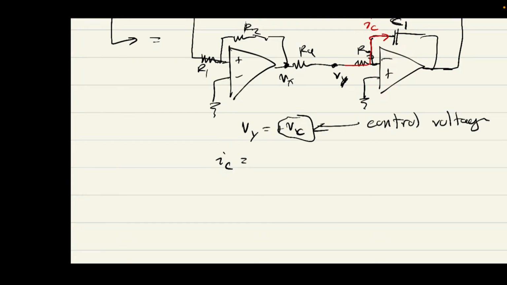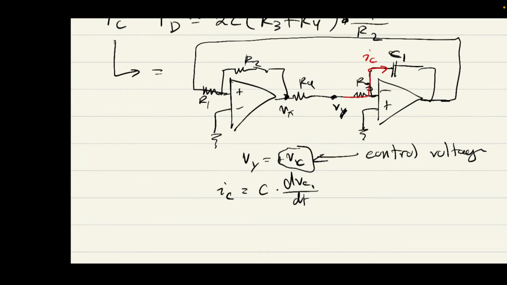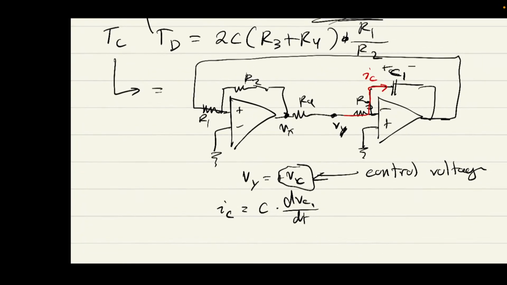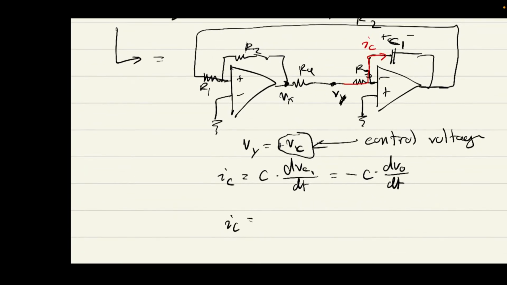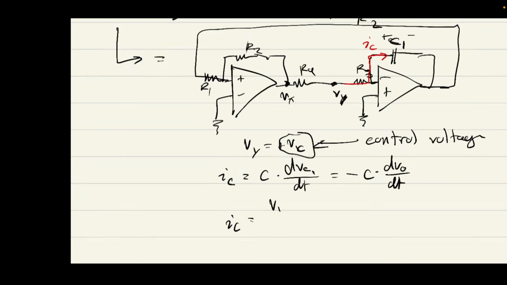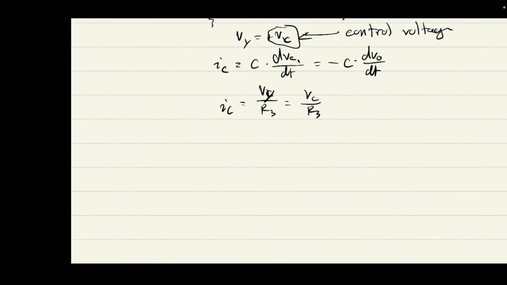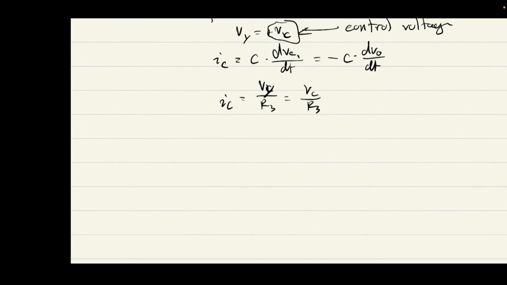Okay, let me just write that down. IC is C dVC1/dt, the voltage across here, which is negative C dVO/dt. Good. We also need another expression. Yes, Vy over R3, which is the same as Vc on R3, right? So we can just perform our solving as usual.